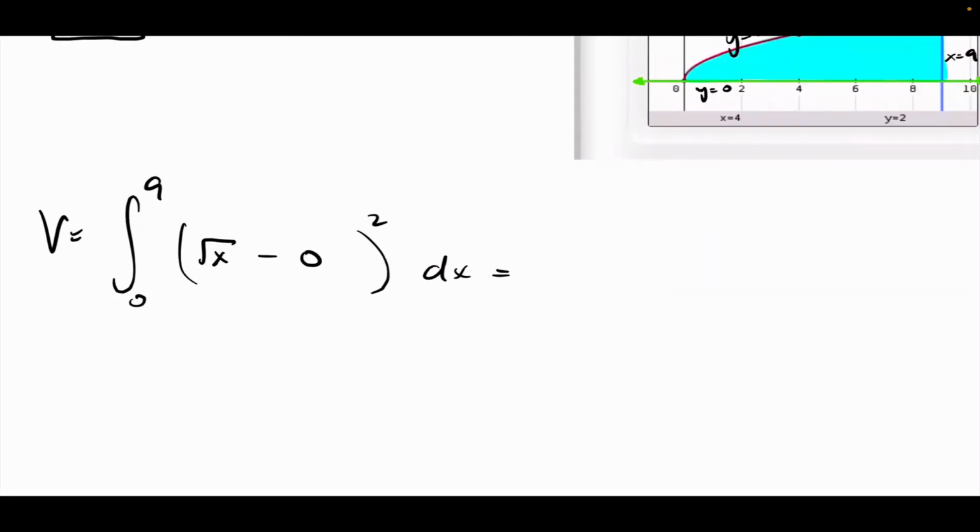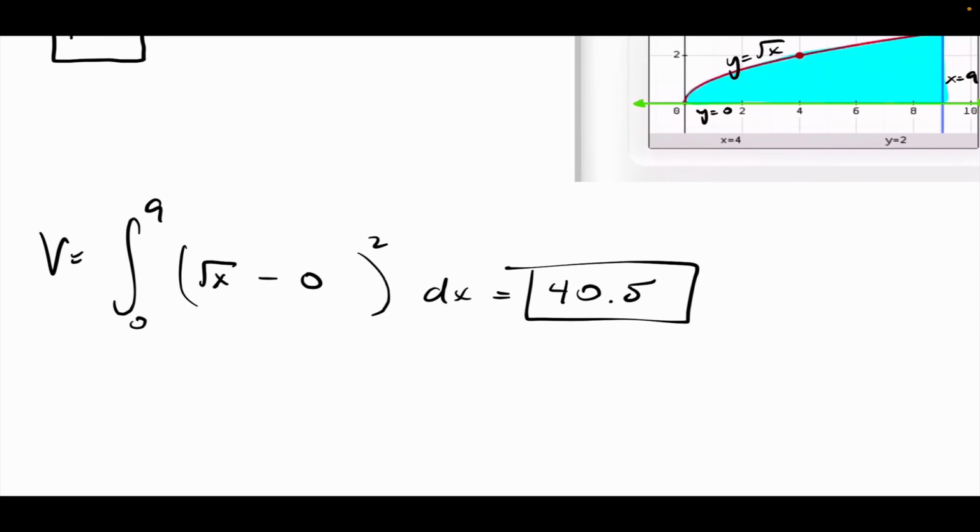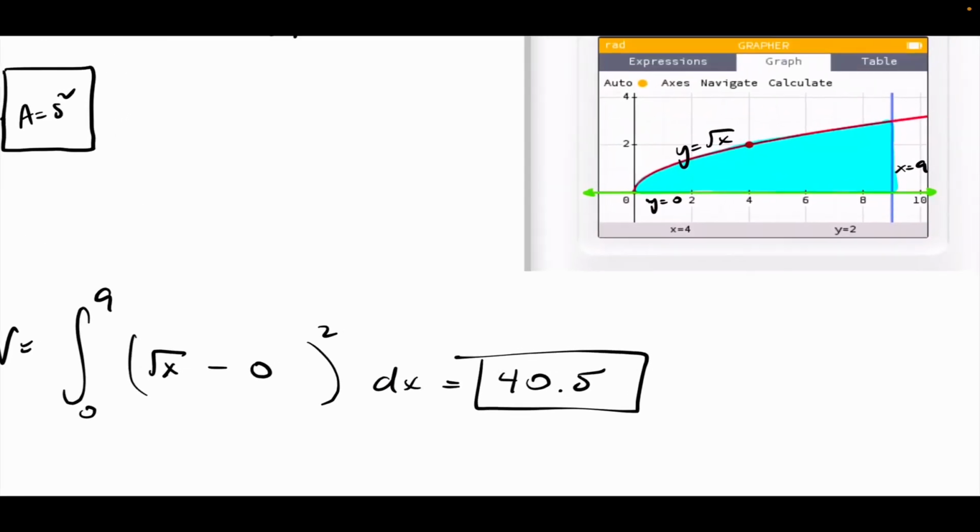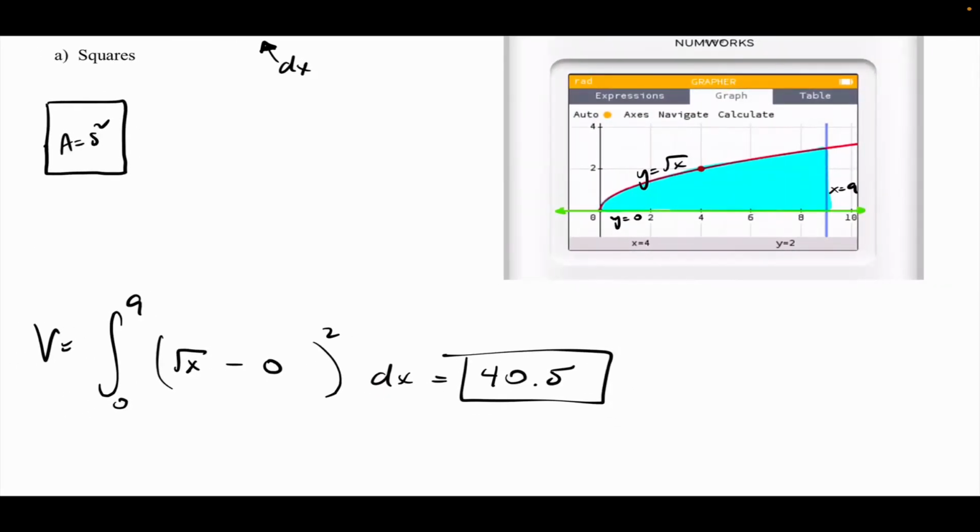On your calculator, do your calculations. You should get 40.5, 40 and a half.